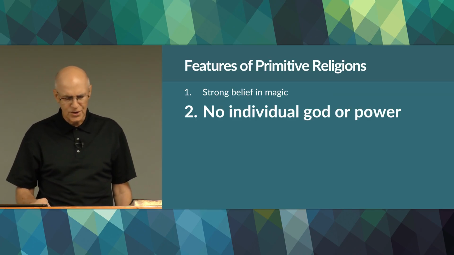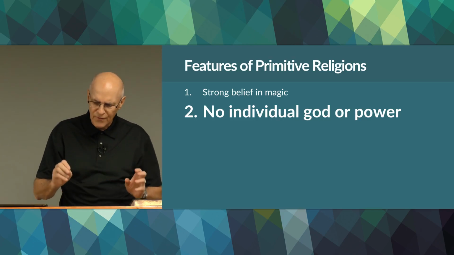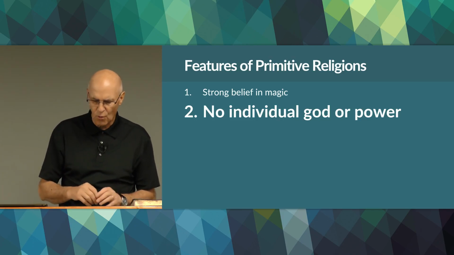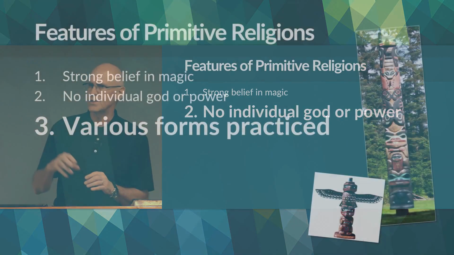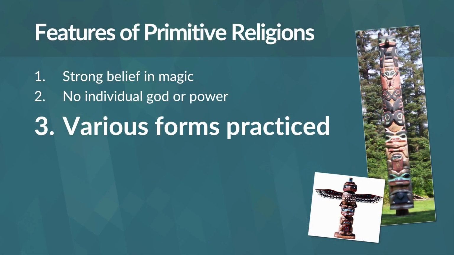In primitive religion, usually there's no individual god or gods or powers. They're spirits, they're forces, okay? And then a third thing about primitive religions is that it's practiced in various forms. And different religions use different ideas.